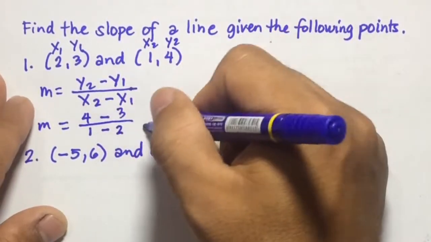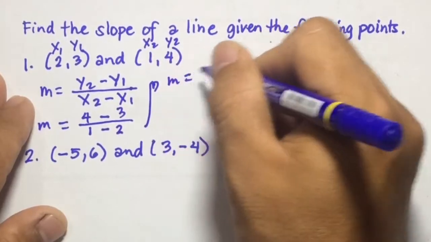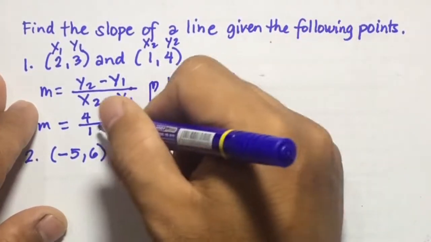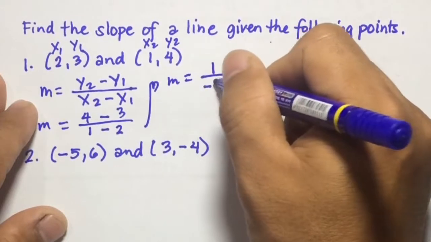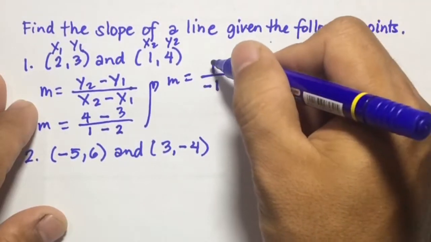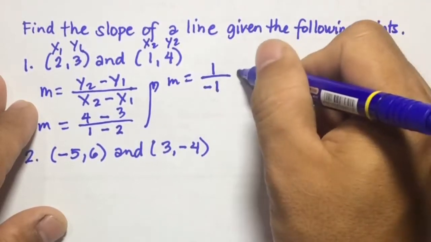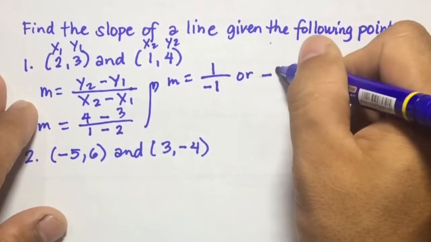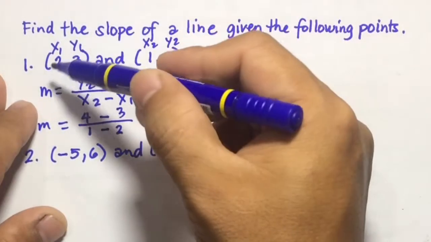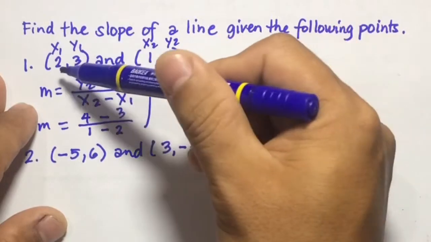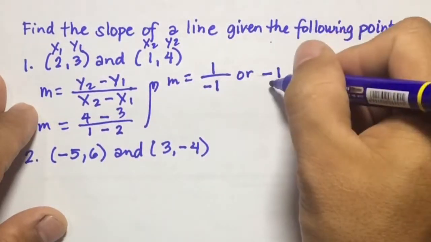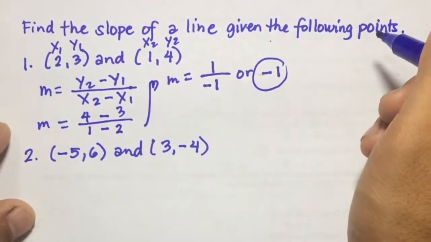So 4 minus 3 will be 1. Then 1 minus 2 is negative 1. Then 1 divided by negative 1 will be negative 1. So the slope of the line that passes through these points is negative 1.